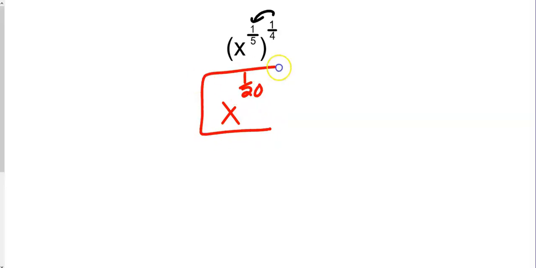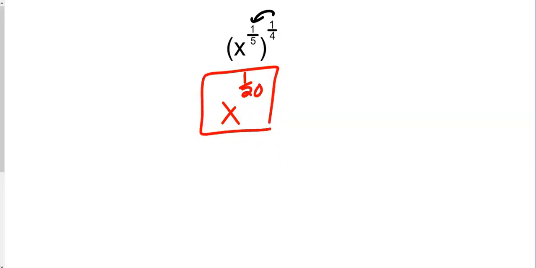Now it's your turn. I've got 5 problems, just like the ones we did. We're going to go piece by piece. So, try it. So, all you have to do is multiply these two. Okay? And that gives you x to the 1/20.